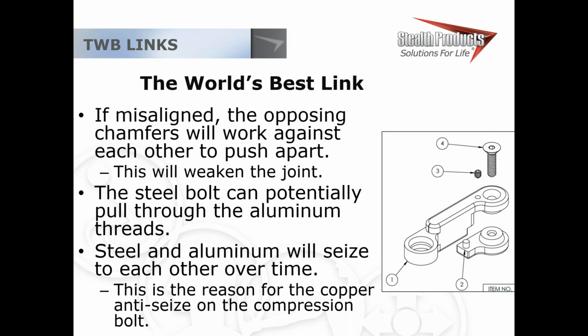Steel and aluminum also don't like each other. They don't like to touch each other down to a molecular level. They essentially are bonding to each other. So for that reason, copper anti-seize was added. One of the things to keep in mind, though, is that copper anti-seize has a very, very limited life cycle for each application. So we would apply it, we would put that bolt in there, but by the time the customer gets it, when they loosen it and go to retighten it, they've already burned through the life cycle of that application of copper anti-seize, right?